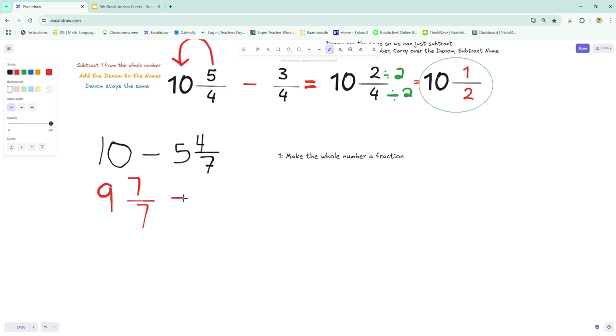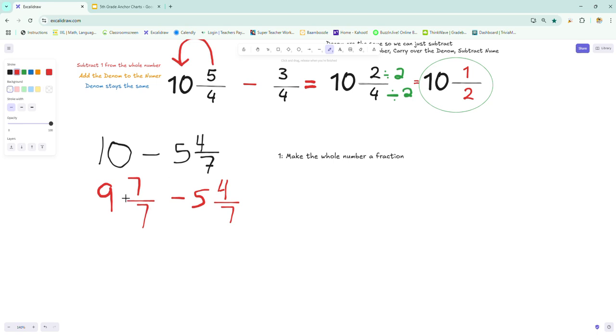Now we're going to subtract 5 and 4 sevenths. If you remember, when we regroup, we subtract 1 from our whole number, and then we add the denominator to the numerator, and the denominator stays the same.